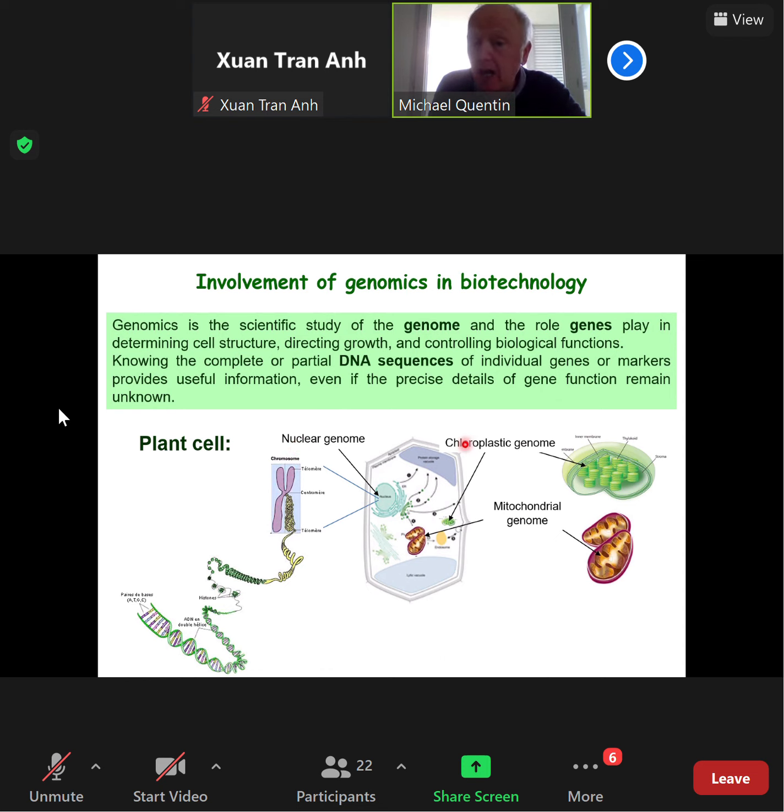Plastids have their own genome, and mitochondria have their own genome. But a better understanding of the function of every gene is important for us. Remember that most of the genetic information is carried by the nucleus, but in a plant cell, you also have a chloroplastic genome and a mitochondrial genome.